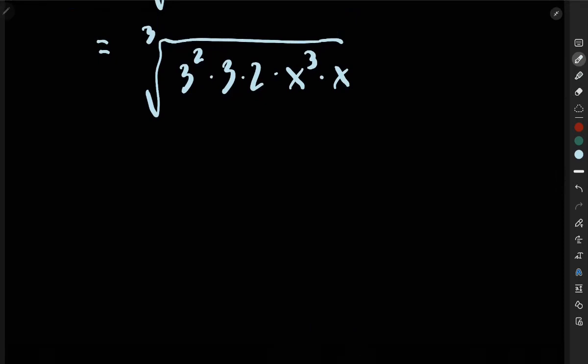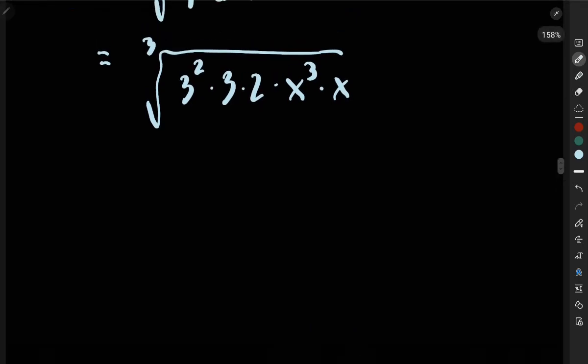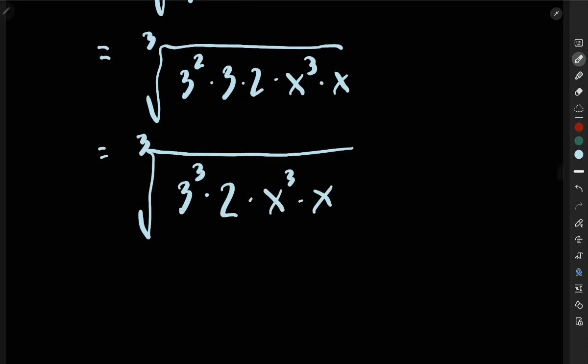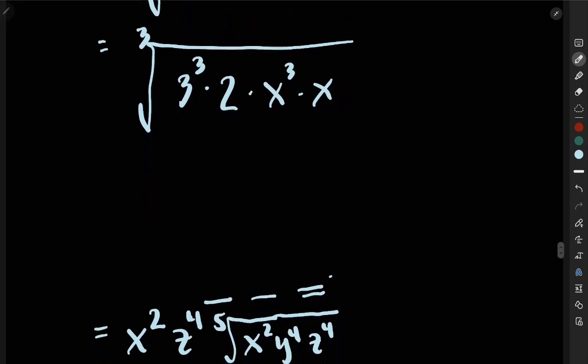Okay, so we have 3 squared and 3. We will combine that so that we can create a multiple of 3 exponents. So it will become 3 cubed times 2 times x cubed times x. So that is what we are after, to create a multiple of 3 exponent.